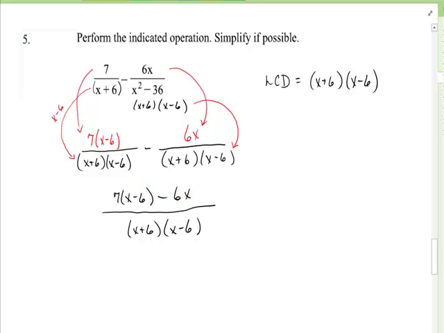In this problem, and in some problems to come up, we're going to have to simplify on the top, and this kind of simplifying is distributive property, combining like terms. Distributive property, 7 times x is 7x, 7 times negative 6 is negative 42, minus 6x, all over x plus 6, x minus 6.